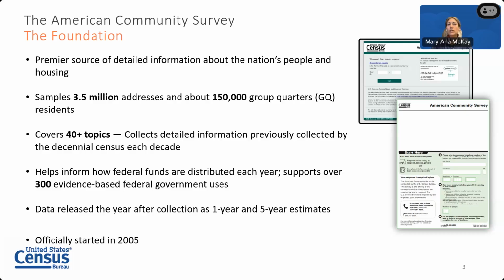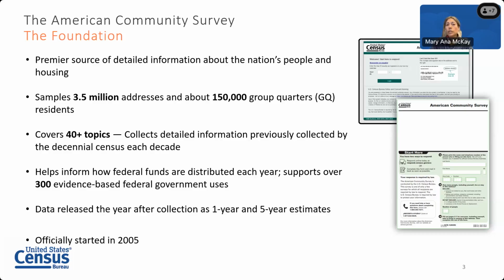The ACS collects this detailed information each year that was previously collected by the decennial census each decade. ACS data are timely because they are released the following year in which they are collected. The ACS creates period estimates, which means they represent the characteristics of the population and housing over a specific data collection period. The ACS releases estimates for 1 year and 5-year periods.